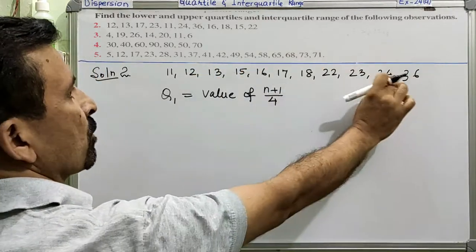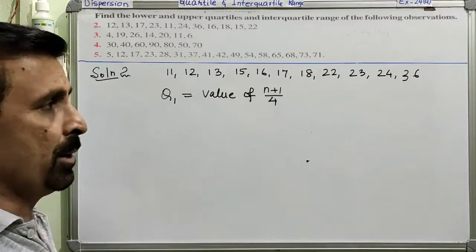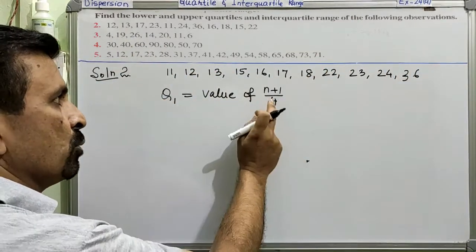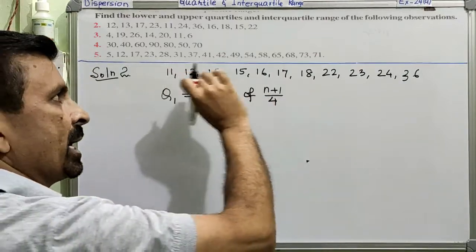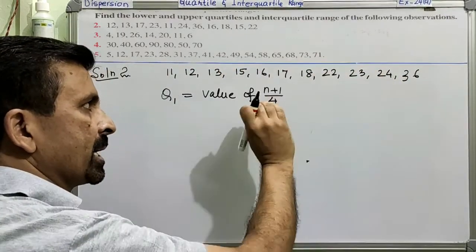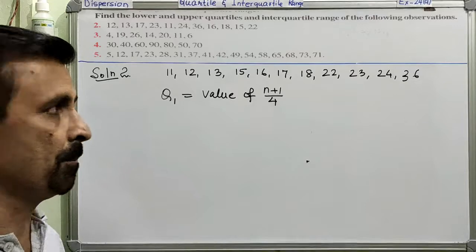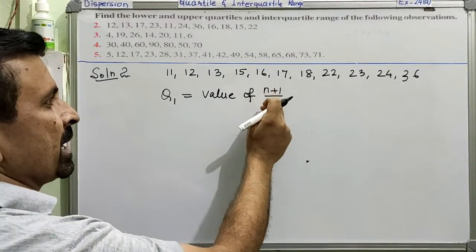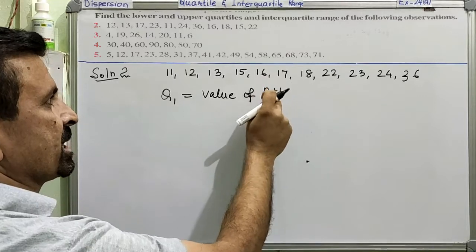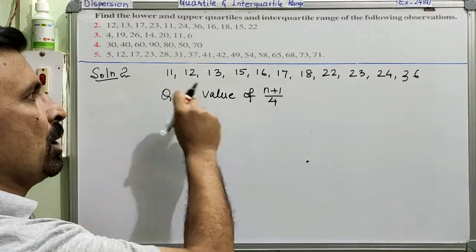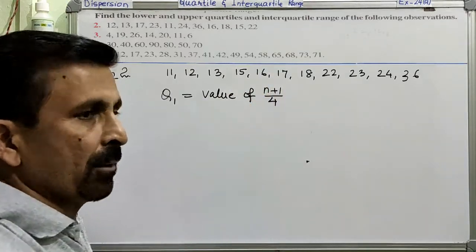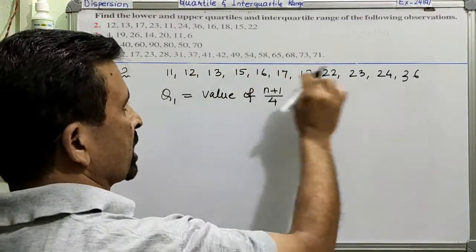No matter how many data you have, you will use the same formula, for odd number of data or for even number of data. This is the formula for finding Q1. It will give you the position, and the data at this position will become the value of your lower quartile. Clear? Where n is the total number of data.